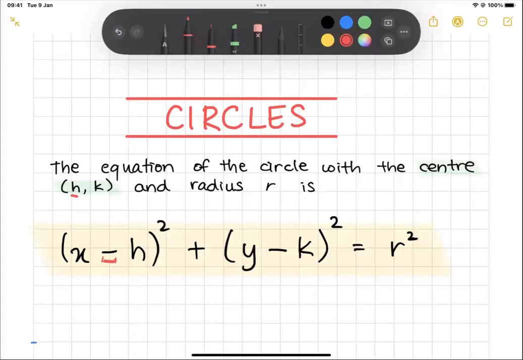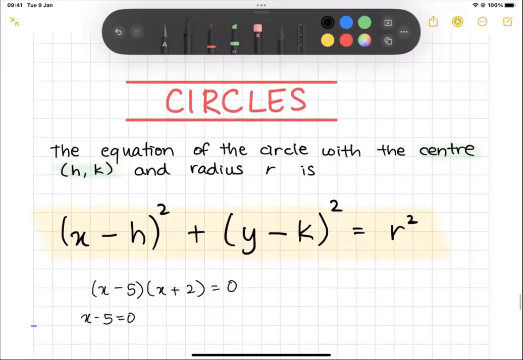If h was negative, then in the equation you would have to put a plus here. It's the same thing we did with factorization, where you had x minus 5 and x plus 2 equal to 0. To work it out, you write x minus 5 equals 0.